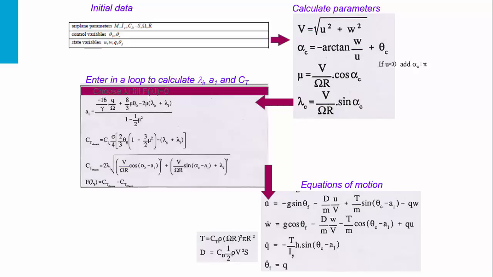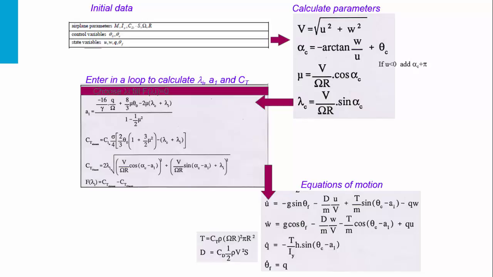So you will need the total velocity of the helicopter, which is simply the square root of the horizontal and the vertical velocity squared. You need the angle of attack with respect to the control plane. Be attentive here. So you see, this is just the cyclic pitch. Be attentive in what quadrant you are.